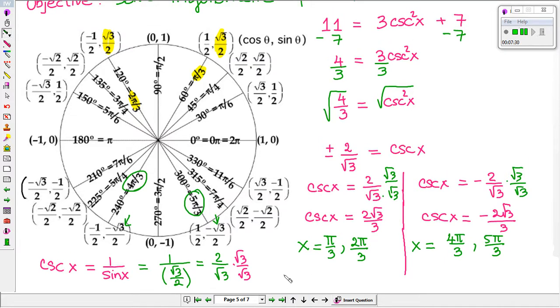And again, since we work with cosecant, let's make a quick note that the period of cosecant is 2 pi.